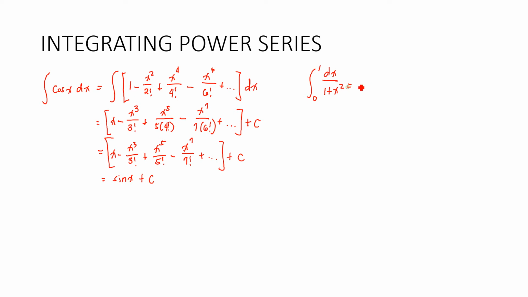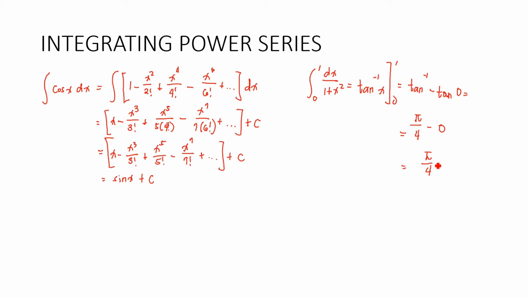That is just equal to the arctangent of x from 0 to 1, which would be equal to the arctangent of 1 minus the arctangent of 0, which is equal to pi over 4 minus 0, which is equal to pi over 4.